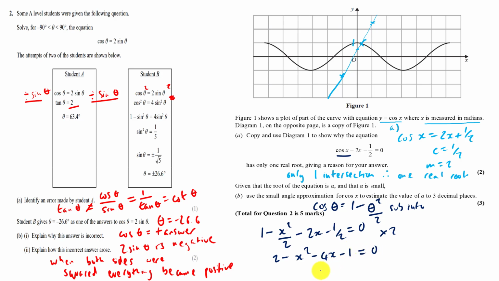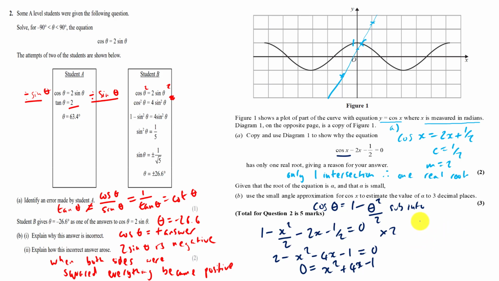Let's rearrange that to plus the x squared plus the 4x and minus the 1. So we're going to get 0 equals x squared plus 4x minus 1. And now we solve that by using the quadratic formula, I guess, or completing the square. Probably quadratic formula will be easier. It's only 3 marks.